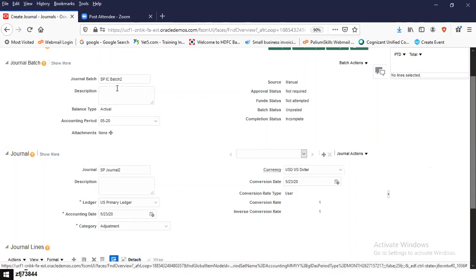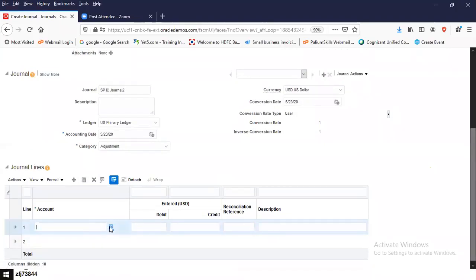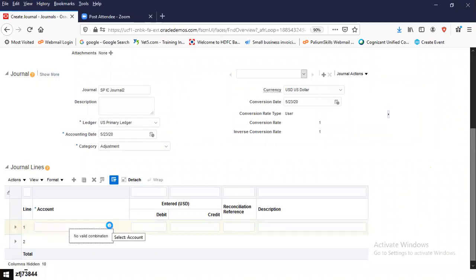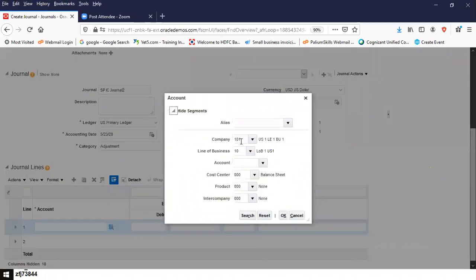Last one I had put as intercompany. So here we'll keep everything else the same, and the only difference is in the account: we'll switch the company. We'll not have the 101 company at all.